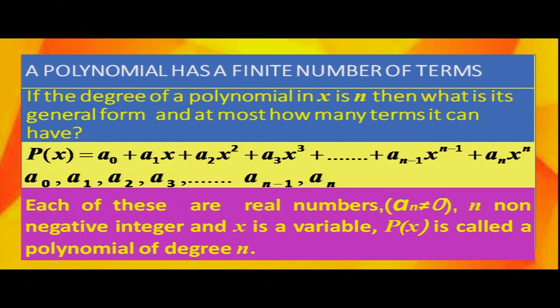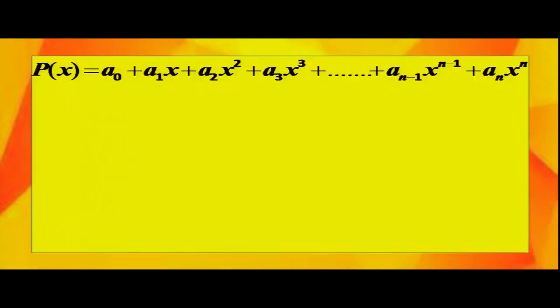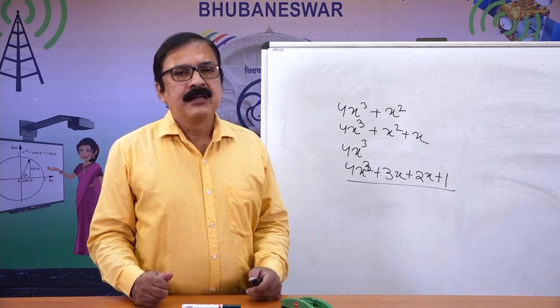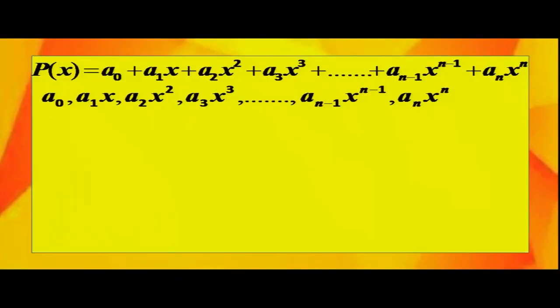Here p(x) is called a polynomial of degree n. This polynomial has terms a0, a1x, a2x^2, a3x^3, in this way up to a(n-1)x^(n-1) and an x^n. What are these?